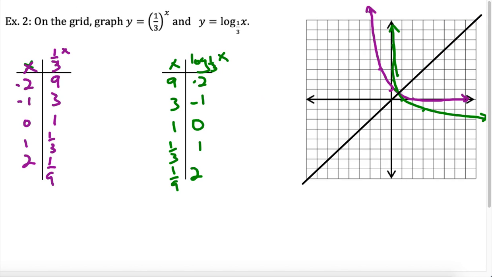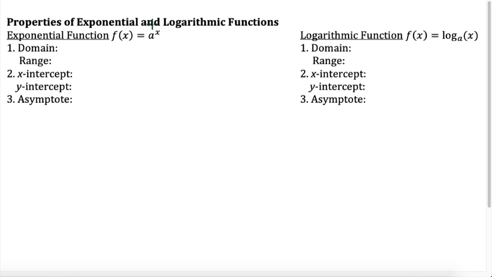Okay, so let's just jot down some basic properties of exponentials and logs in terms of the graph. We said that the domain of an exponential is all real numbers, negative infinity to positive infinity, but the range was just 0 to infinity.